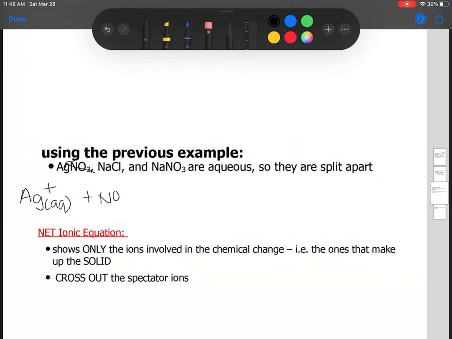So silver is +1. Nitrate is one of those ions on the back of the periodic table. Again, you could uncross, but really, for sure, you must write the aqueous. I would take marks off if you didn't, but if you didn't write the charge, I wouldn't. However, next year, that's going to become a bit of an issue, okay?